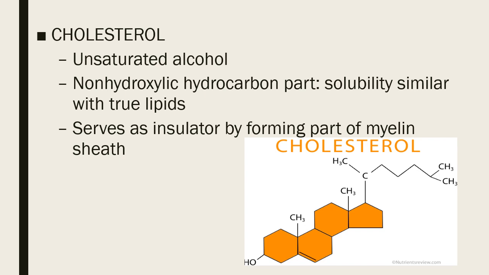It is a lipid molecule that plays a role in maintaining your cell membrane integrity, and it is a precursor for your steroid hormones like testosterone. It is also the source of your bile acids, which help in the absorption of fats. It also serves as an insulator by forming part of your myelin sheath. So that is for your cholesterol.